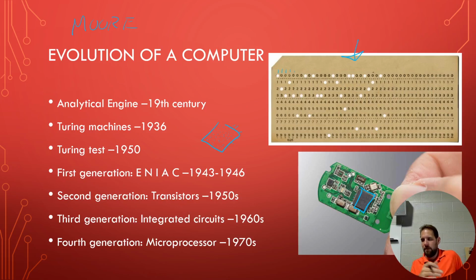So if you have a chip that's 1 inch by 1 inch, basically 2 years later, that chip will be twice as fast, twice as powerful. And we are seeing that with computers today.